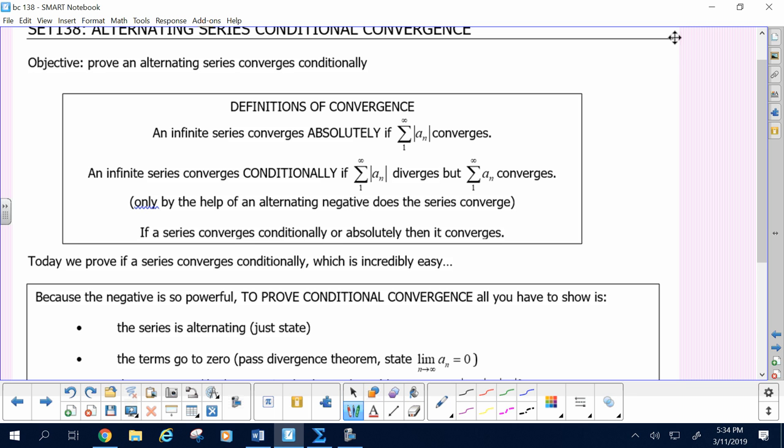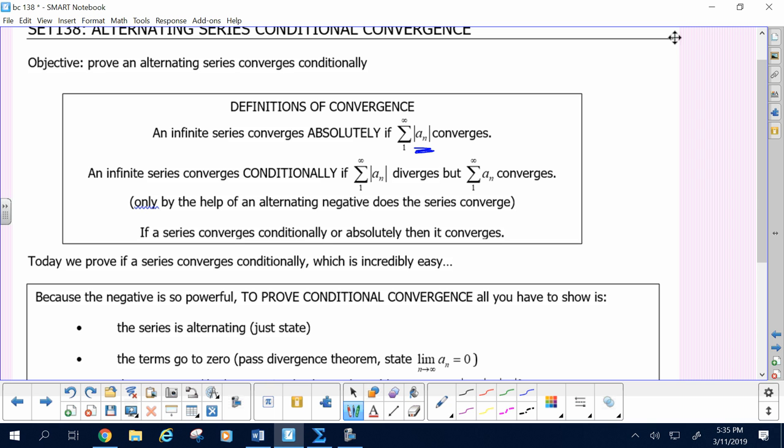All right. So, the idea of today is set 138, conditional convergence. We talked earlier about absolute convergence, which is when an alternating series converges even without the alternating negative that helps it converge. If you take out the negative by taking absolute value, and the series that results converges, then you say the alternating series converges absolutely.